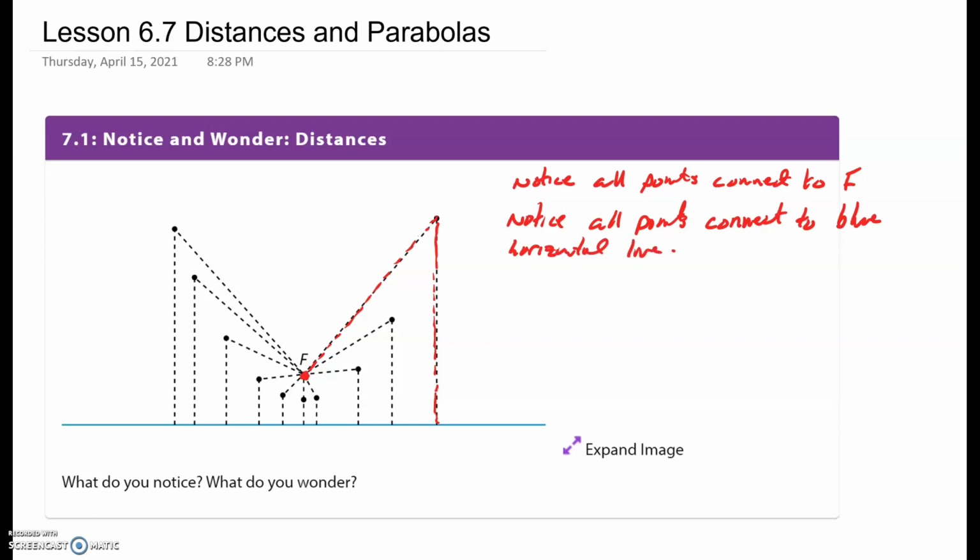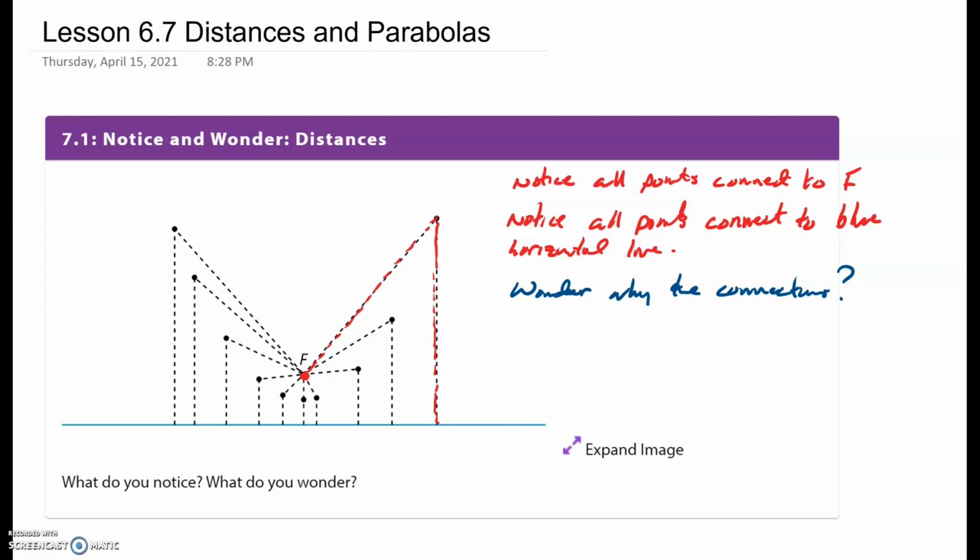So there's a couple good notices. Some wonders: I wonder why the connections. I wonder why these are connected, right?